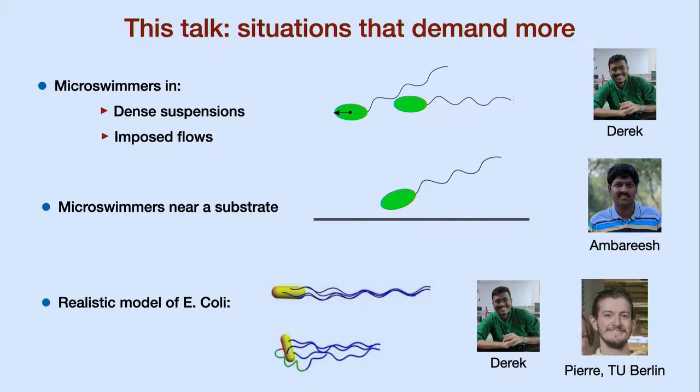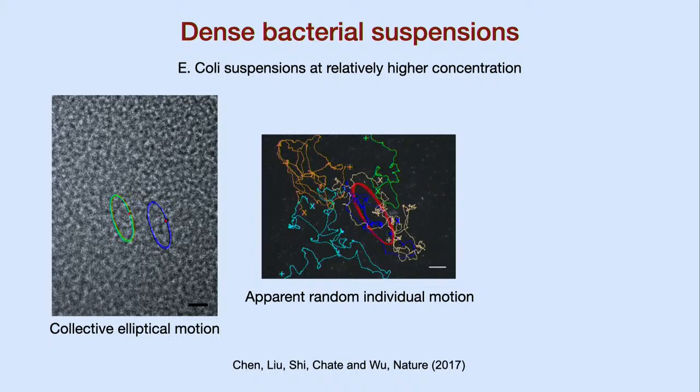So the first part is a dense suspension of bacteria. The work was inspired by an observation done on a very dense suspension of E. coli, which is a particular type of bacteria, a microswimmer, and this concentration is rather high. In the suspension, there are tracer particles, and it turns out that the tracer particles move in an elliptical orbit in a synchronized way.